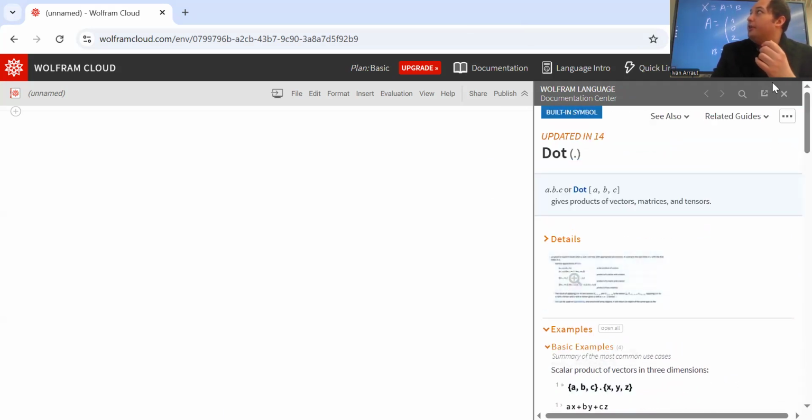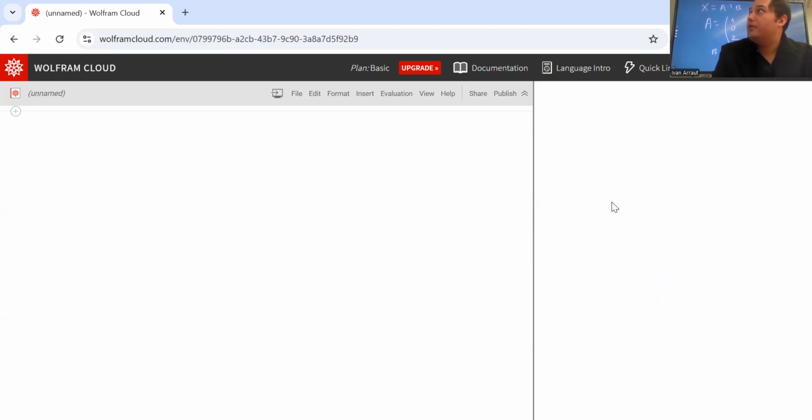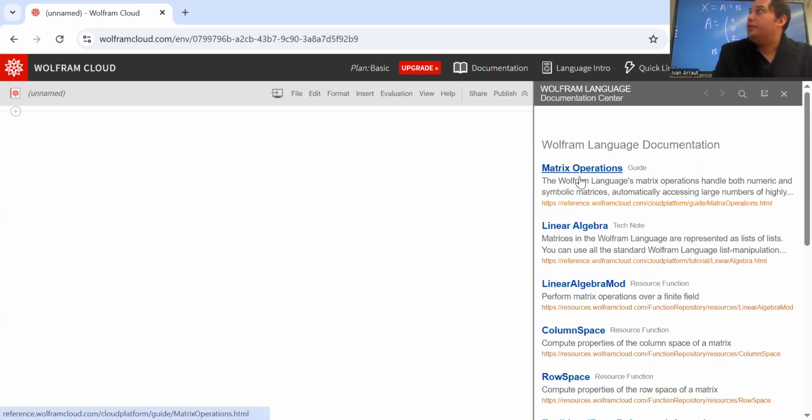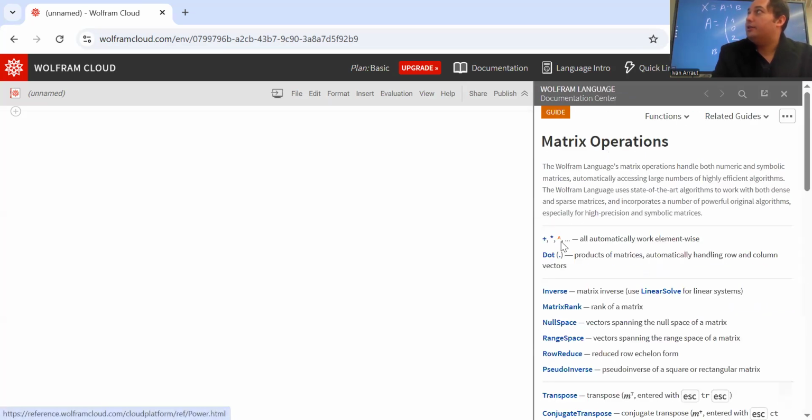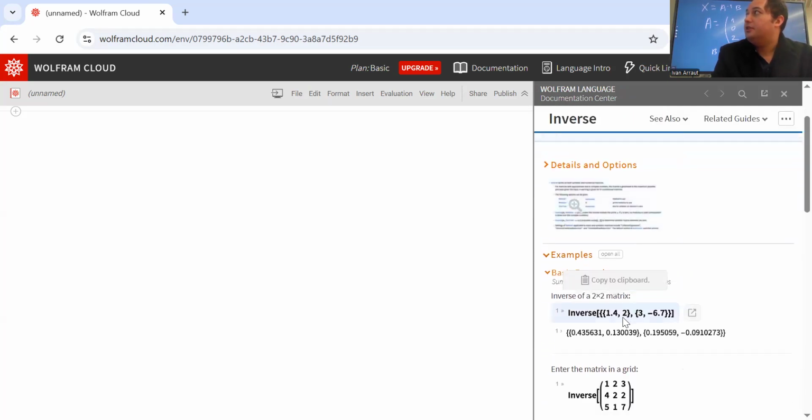First I will calculate the inverse, right? So I should have matrix operations again. I want to calculate the inverse of one matrix. Here, inverse. I will copy and paste this case here and change it to my case. But I don't like this notation, so I will use the matrix notation, which is like this.